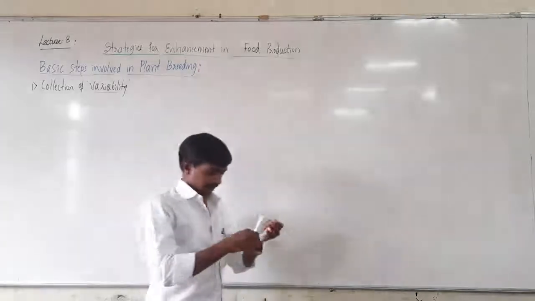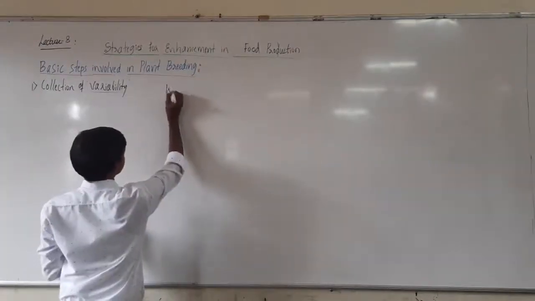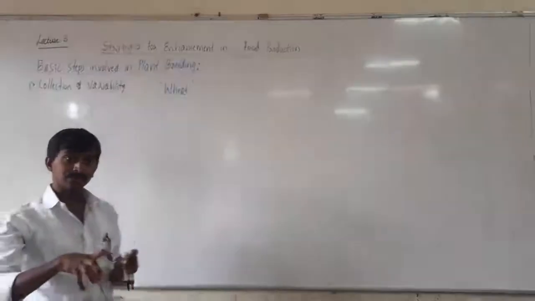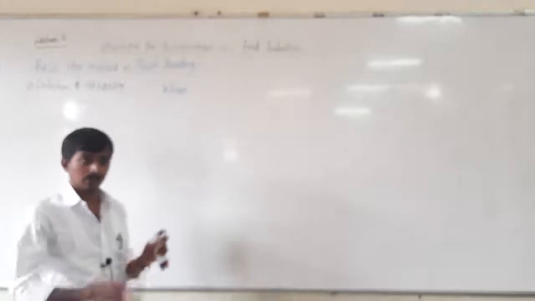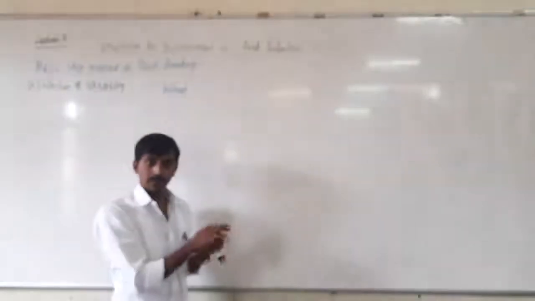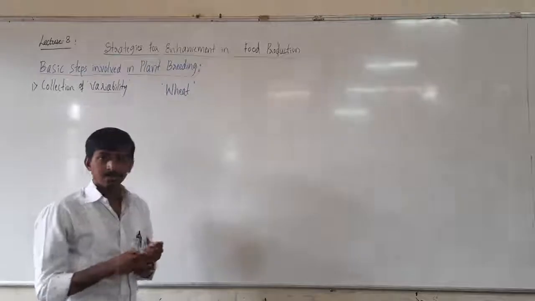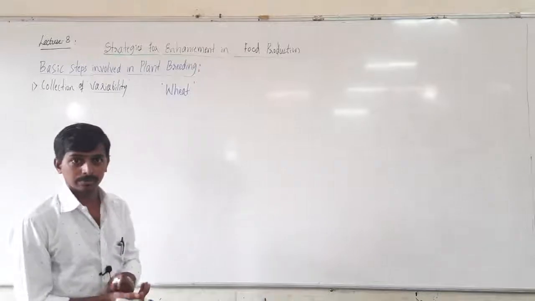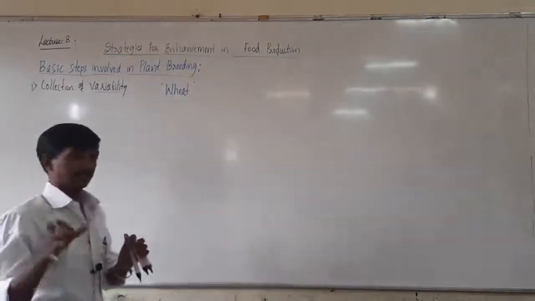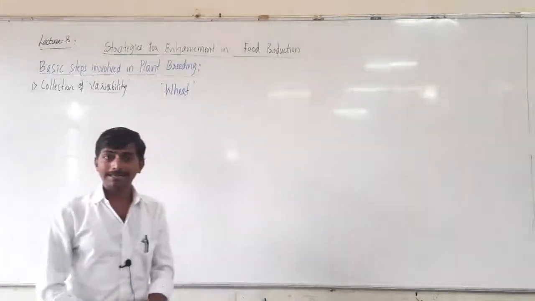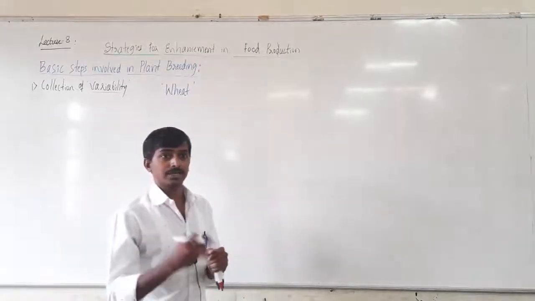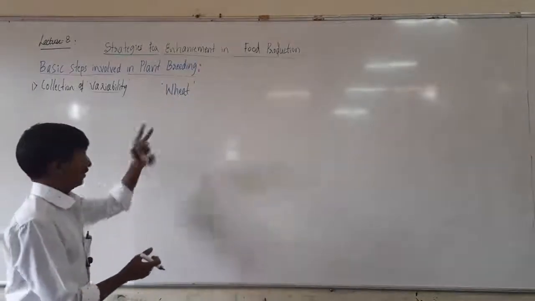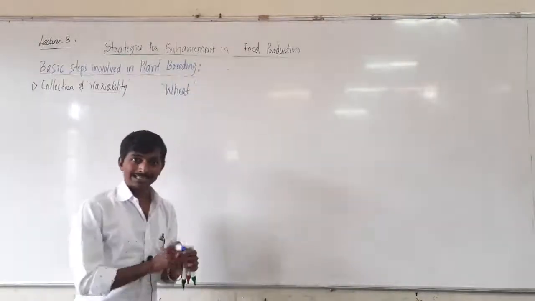If I am taking, for example, wheat, collecting the wheat seeds from different areas. In one area where the wheat is grown very well, from that farmer I collect some seeds of the wheat. From another area, I collect some seeds from another farmer. Like that, visiting different places and collecting the better yielding crop varieties of one crop, say wheat, jowar, rice, etc.